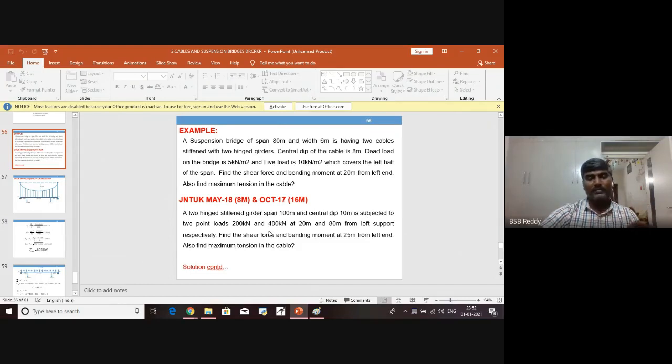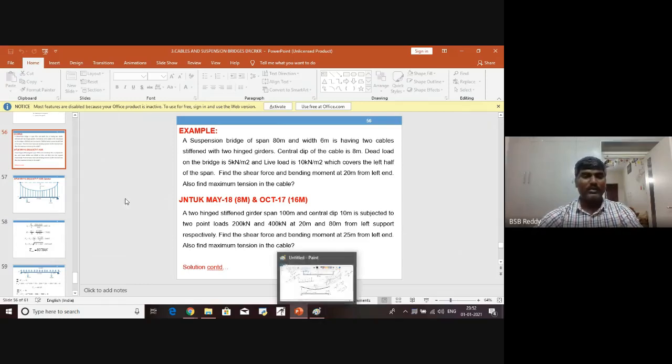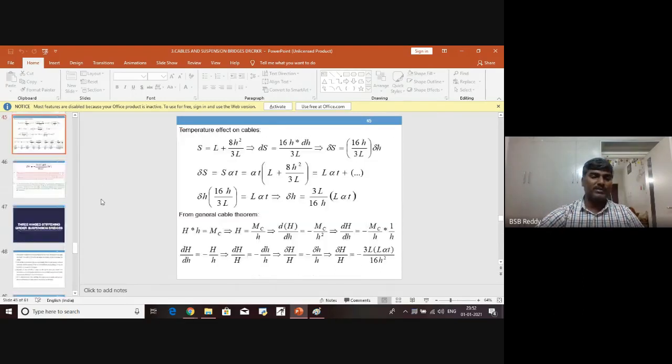If it is like this, there is no problem. But if the problem is given in terms of three-dimensional full bridge data, then you are going to face the problem. So that's all with this unit 3, cables and suspension bridges topic.